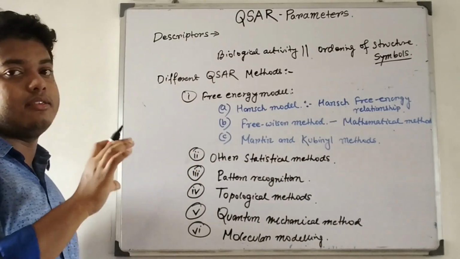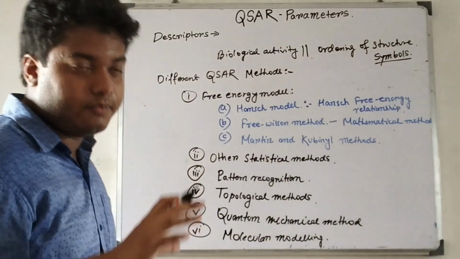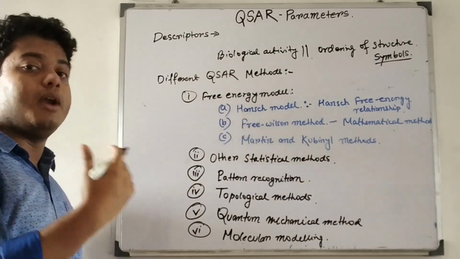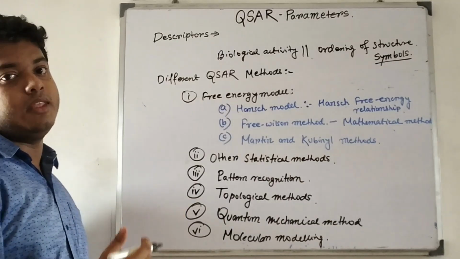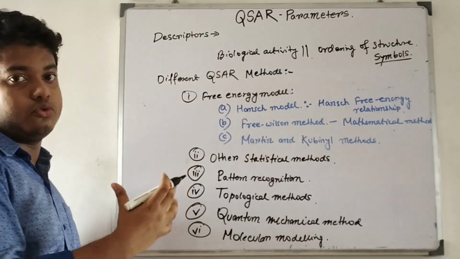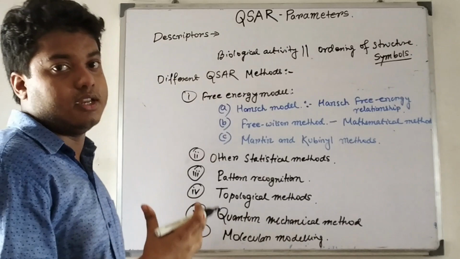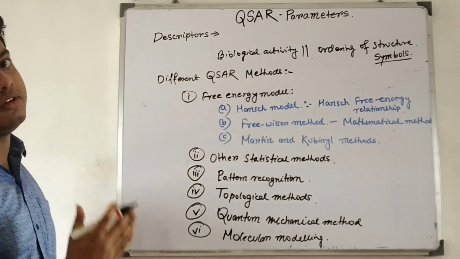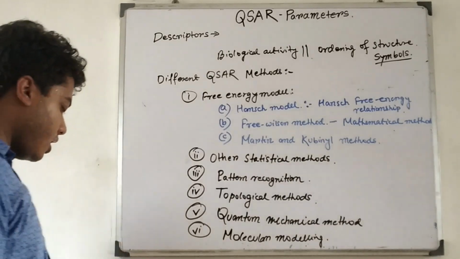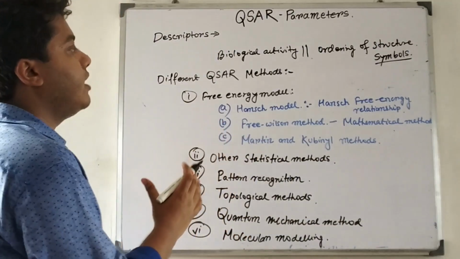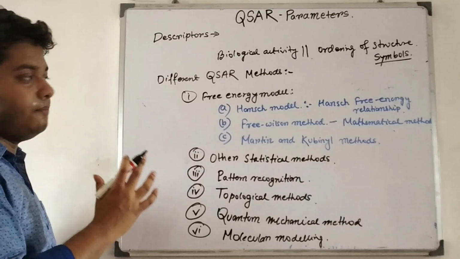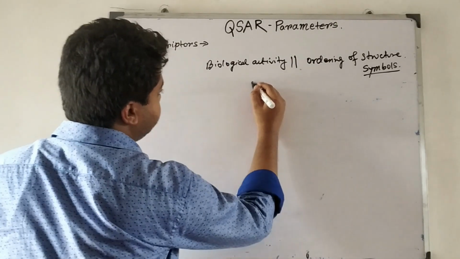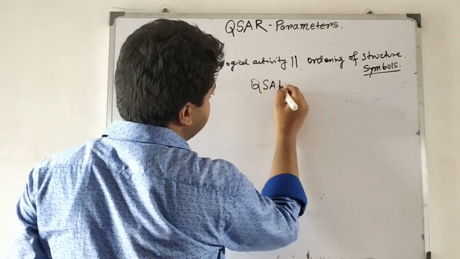The compound has its specific structure and specific functional group, and we will be able to predict, without even synthesizing them, what biological activities we are approaching. So this is actually the ideology of QSR modeling. Now we will discuss the different types of QSR.